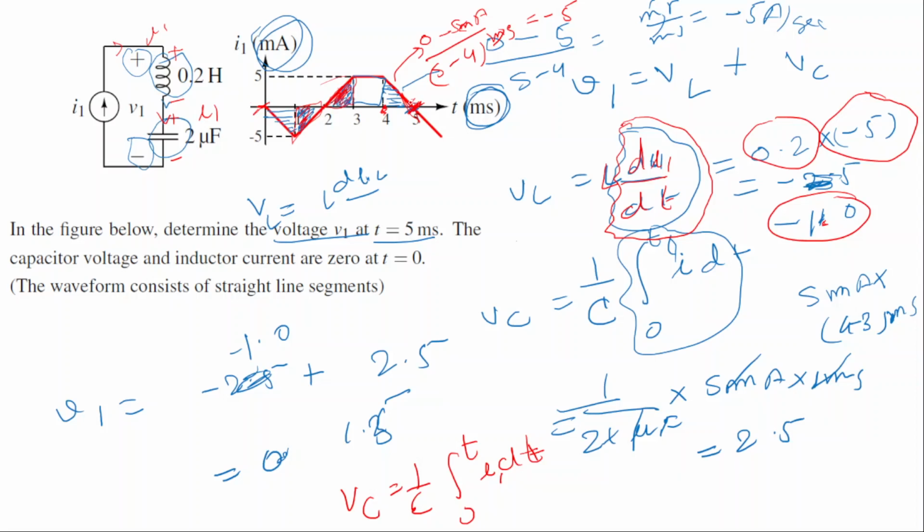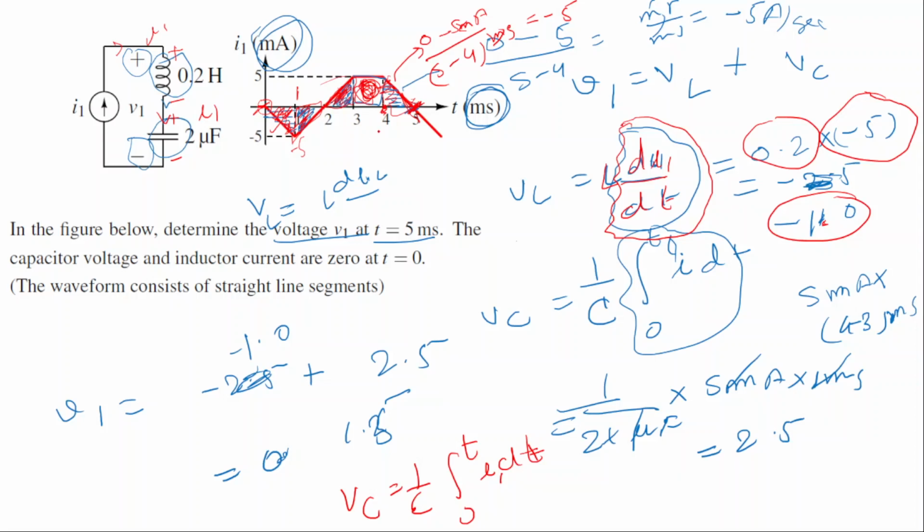Now suppose at time t equals 4 the value is 5, and at time t equals 5 the value is 0. Similarly here, at time t equals 0 the value is 0, and at time t equals 1 the value is -5. So this area is negative and its value is similar to this area, so we can cancel this also. Only this area remains.